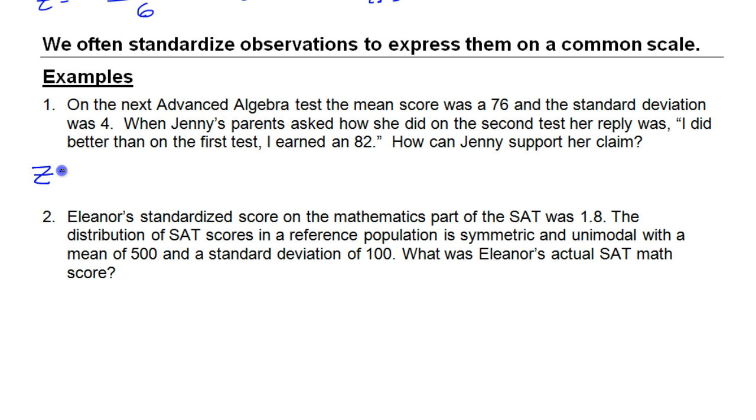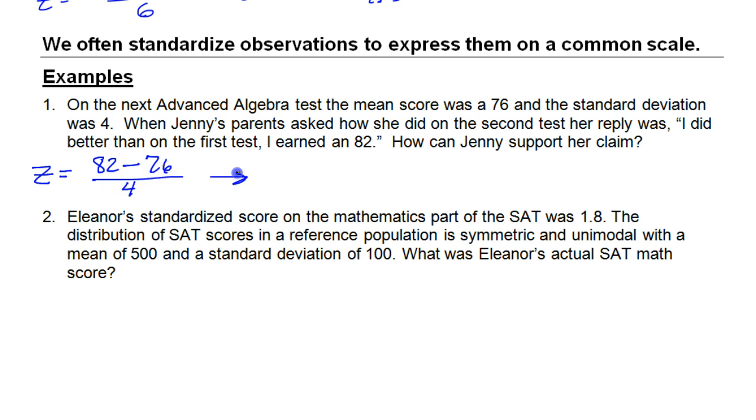Let's look at the z-score, is what I hear you saying. Let's look at the z-score, see how she stacked up to the rest of the class. Okay? So the z-score, we have to do the value minus the mean. So this time she got an 82, but this time the mean was 76 and the standard deviation was 4.